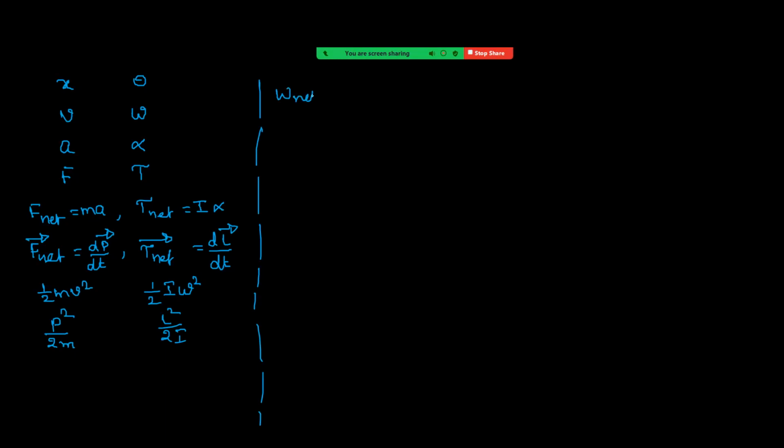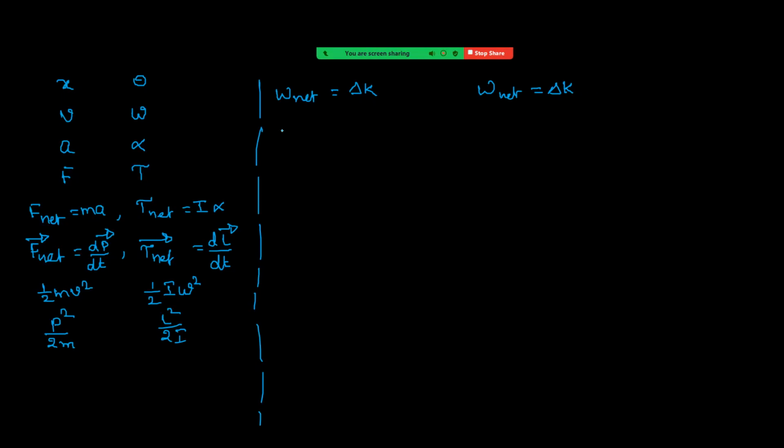W net equals delta K. Here also same thing, W net equals delta K. So here delta K means half m v2 square minus v1 square, and this is half I omega 2 square minus omega 1 square.